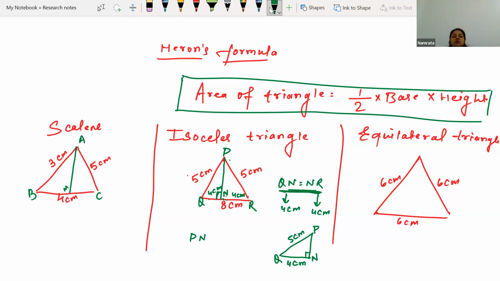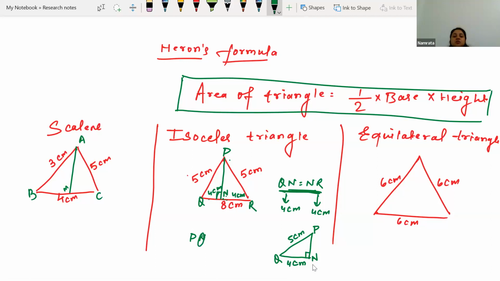So what can we say by Pythagoras theorem? Anyone? Hypotenuse square is equal to base square plus height square.